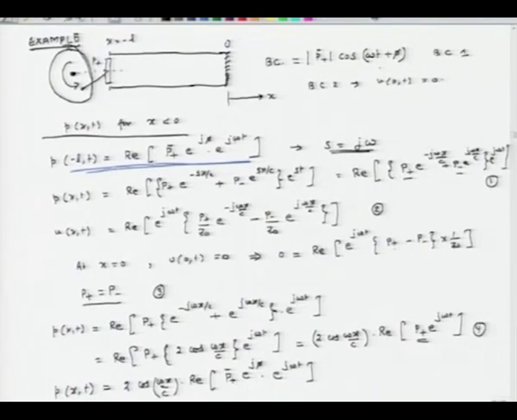Okay. And when I take the real value of this, what I get is 2 cosine(omega x over c) times P plus bar times cosine of, excuse me, shouldn't be j here, cosine of phi plus omega t.